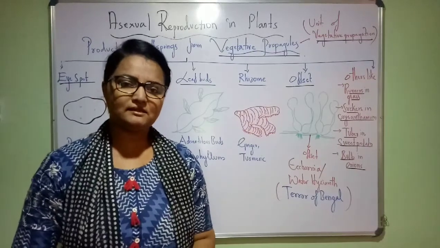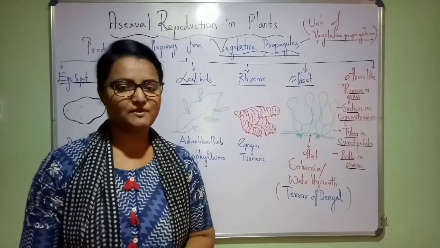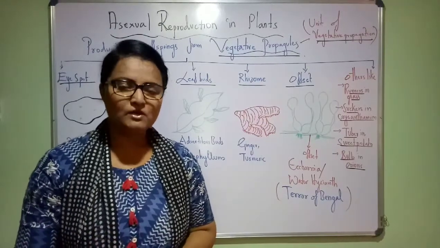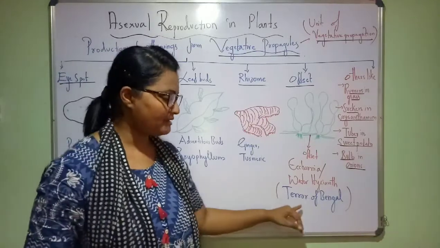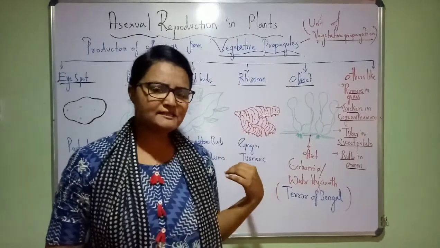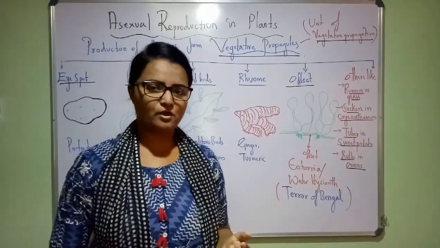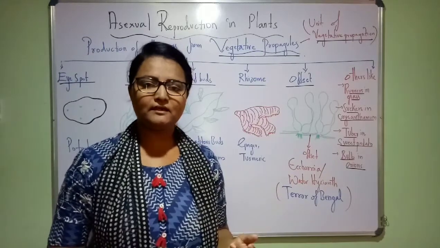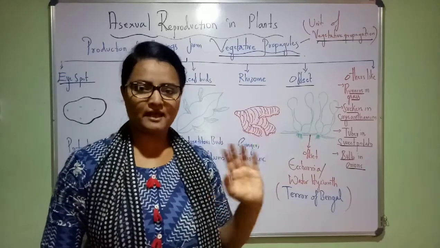This led to the death of organisms present within the water. Because of this reason, it is called terror of Bengal. That happened in Bengal. The best example to see how it grows vigorously on the surface of water is Unkal Lake, which is between Hubli and Dharwad.